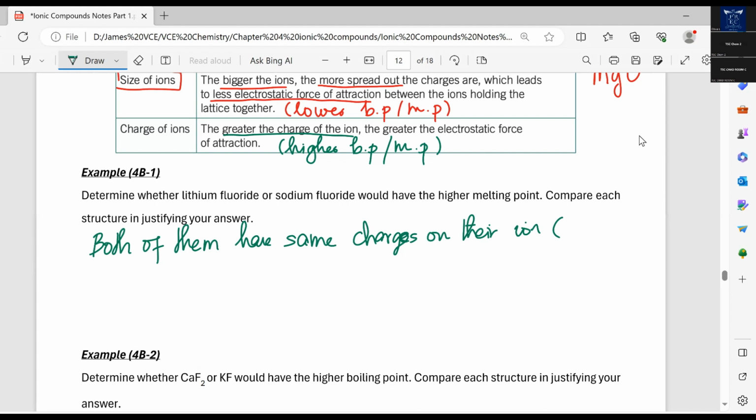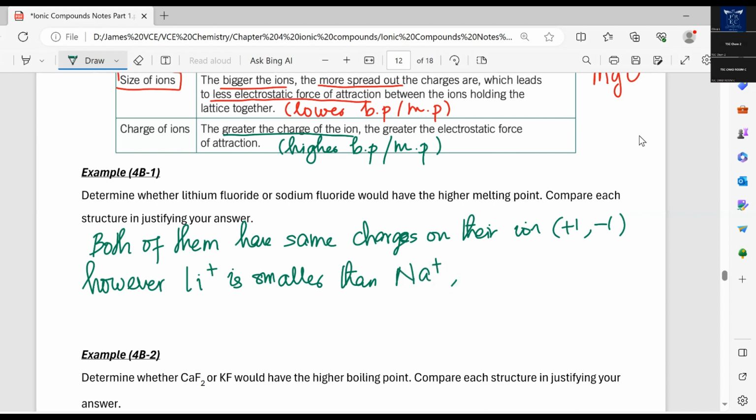You can just write down like +1 and -1. However, now if they have the same charge, what do we have to compare? We have to compare the size of ions, right? So we can say that Li+ is smaller than Na+.